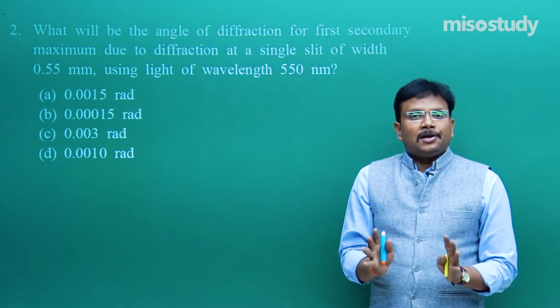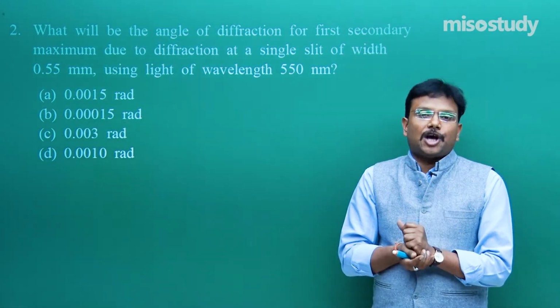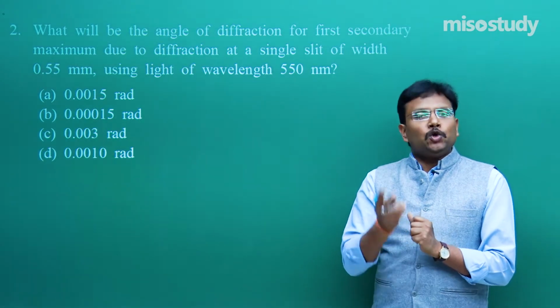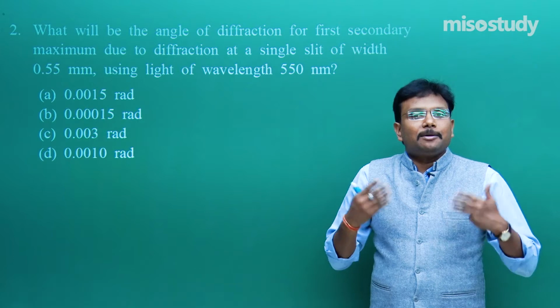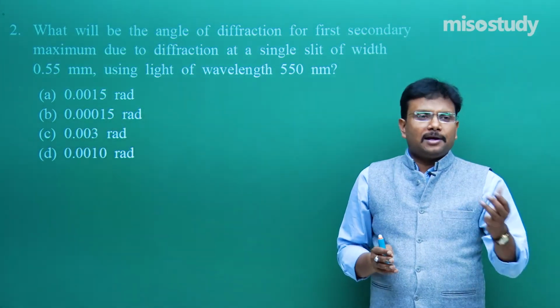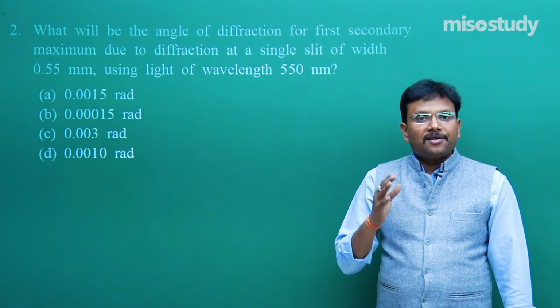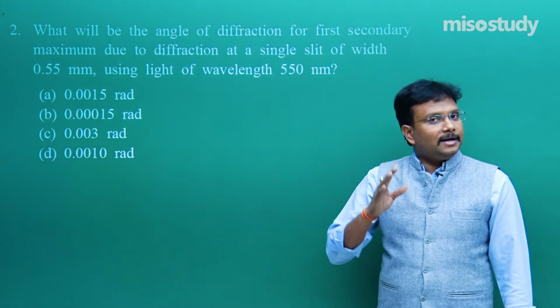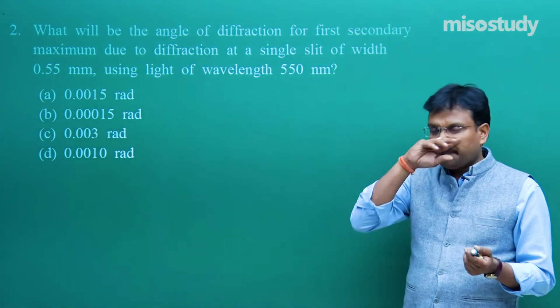Students, we are discussing chapter wave optics, and in your wave optics chapter there are basically two main topics from where you are supposed to get maximum number of questions. Apart from polarization, Huygens concept and all these things, one is YDSE, Young's double slit experiment, and second is diffraction.